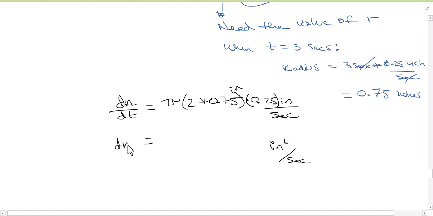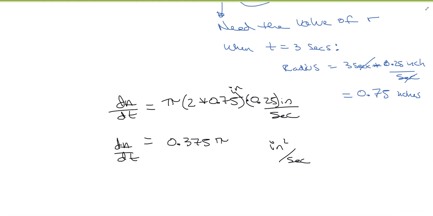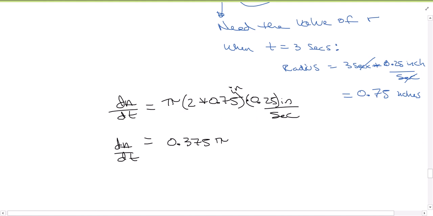So that will be correct. So let's figure out what this number is. Pi times 2 times 0.75 times 0.25, which I get 0.375 pi inches squared per second. And so that will be the rate of change of area.